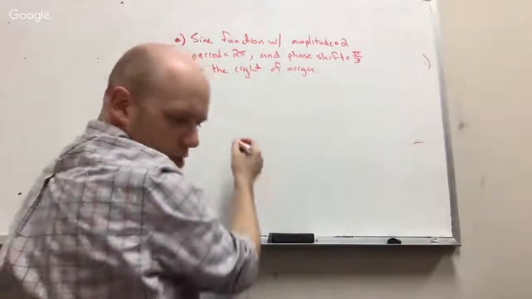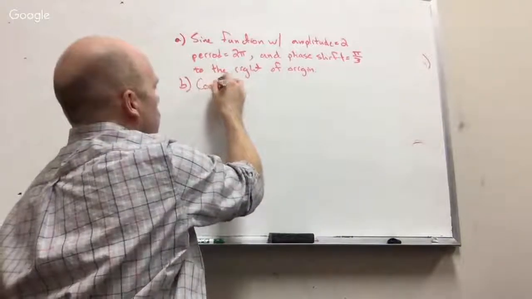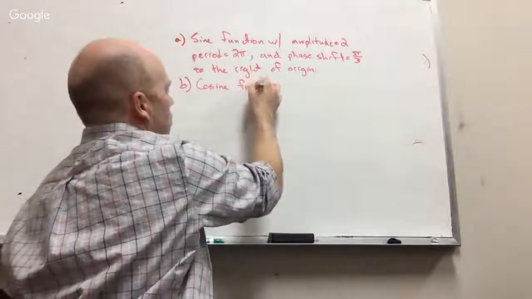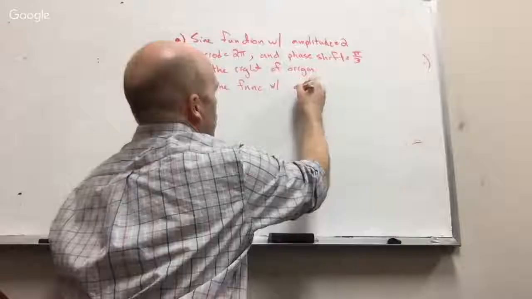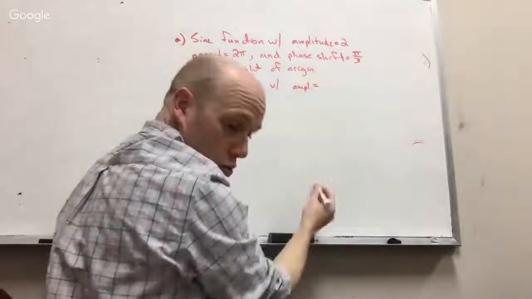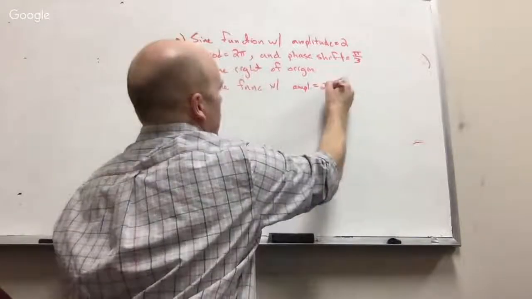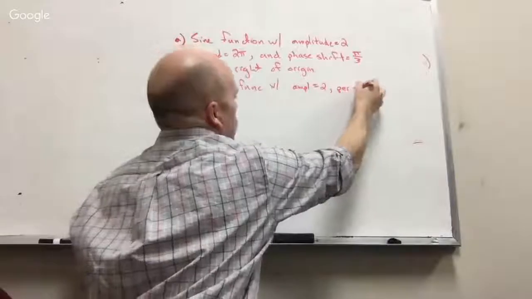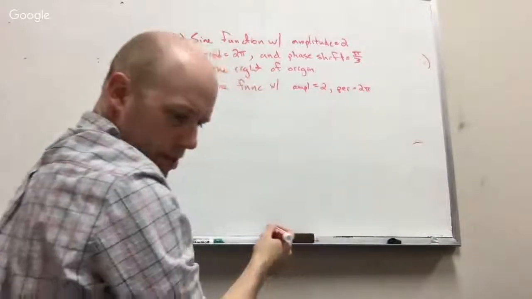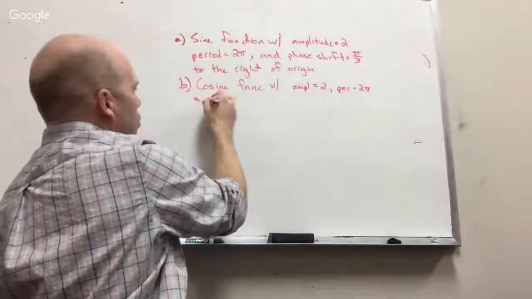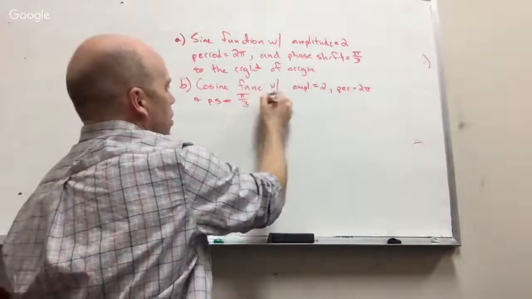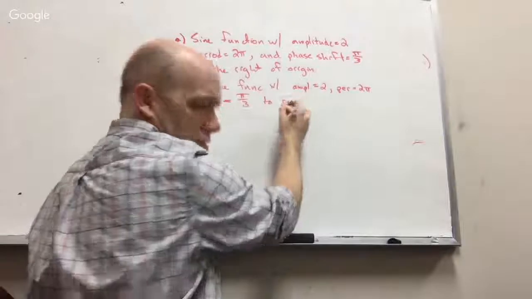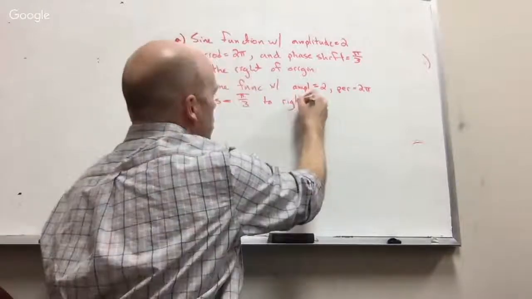B is cosine function. And I'm going to start abbreviating here with amplitude 2, period 2 pi, and phase shift pi over 3 to the right of the origin.